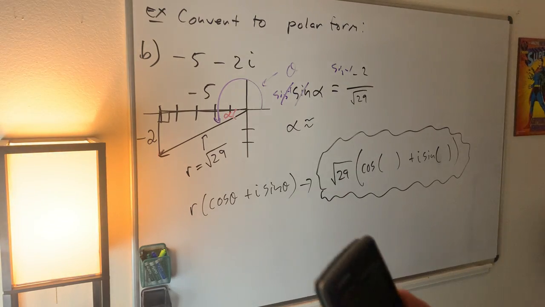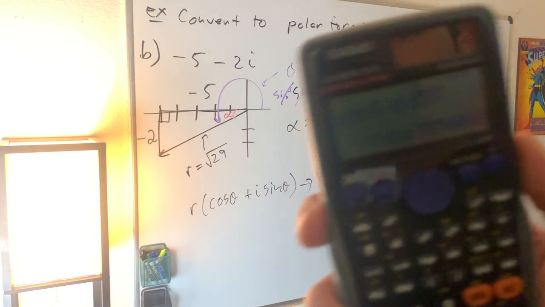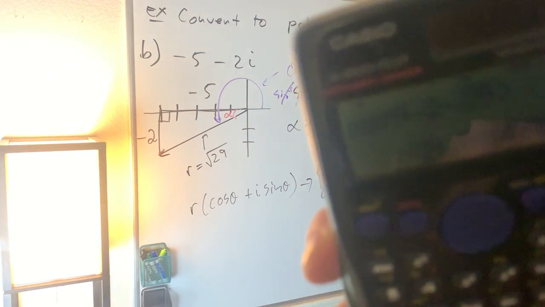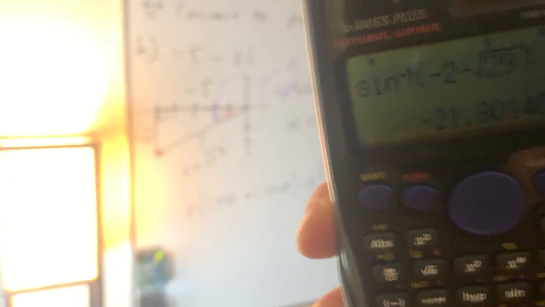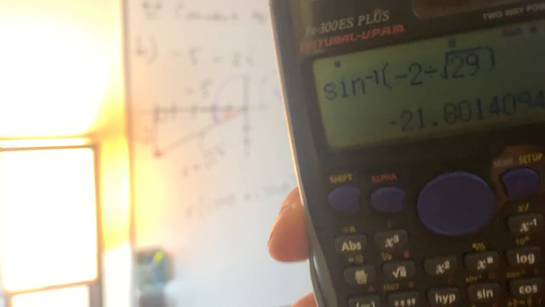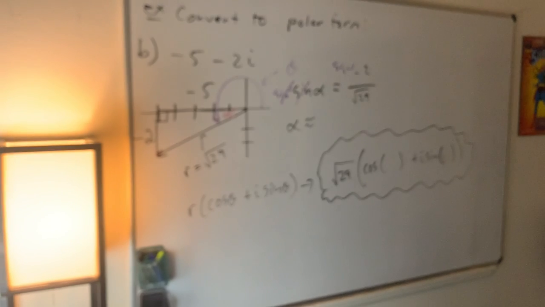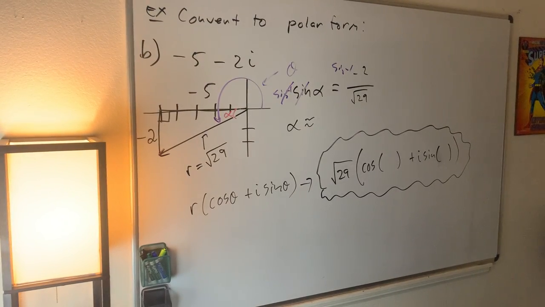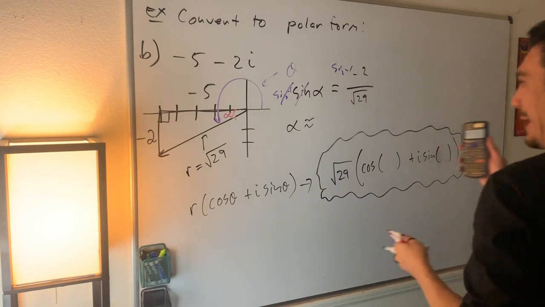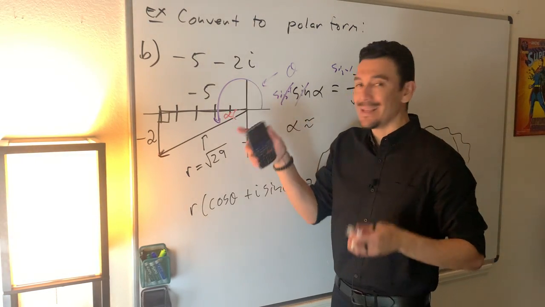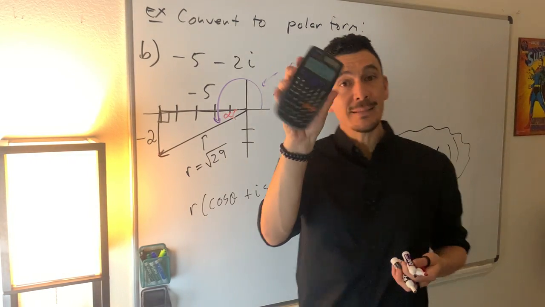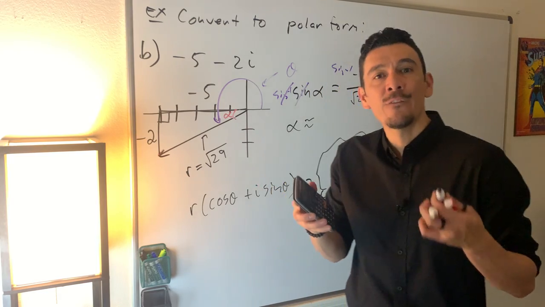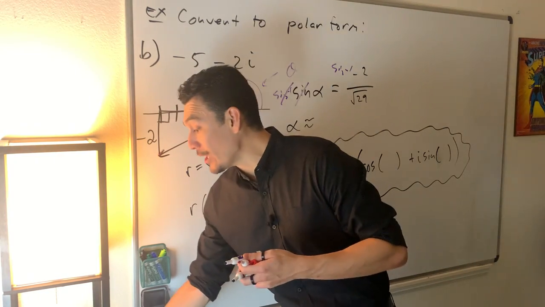My calculator says about -22 because the calculator doesn't see what you and I see. It's kind of blind. I know that alpha is a positive angle, but this says negative because it doesn't know where we are.